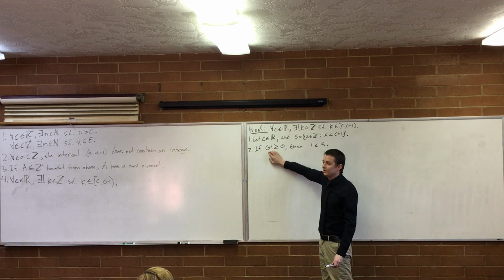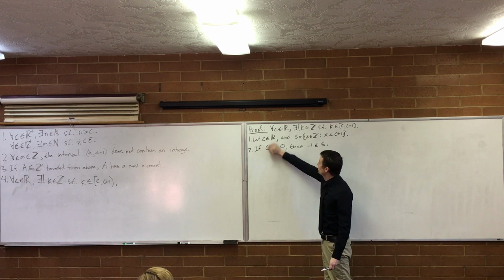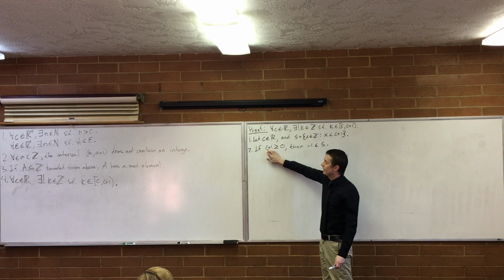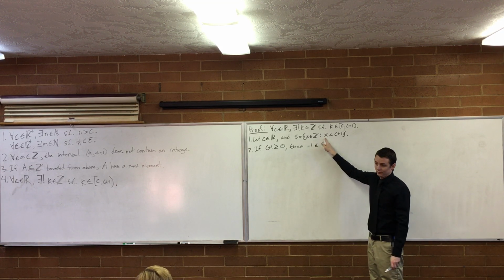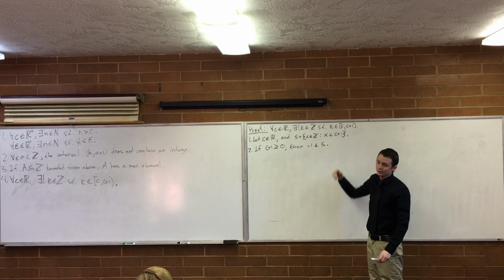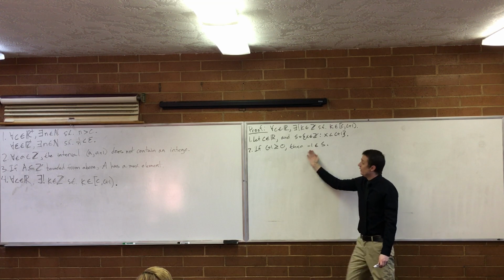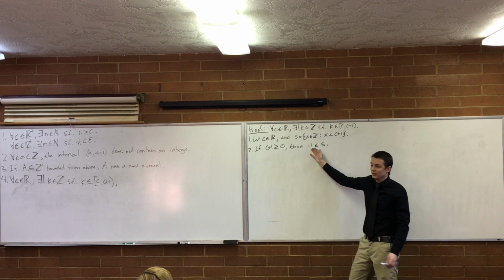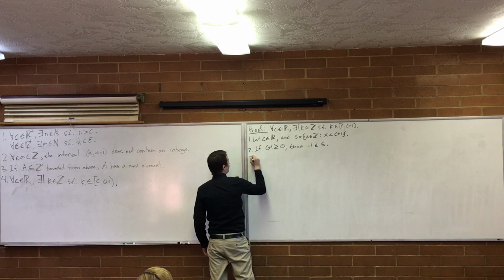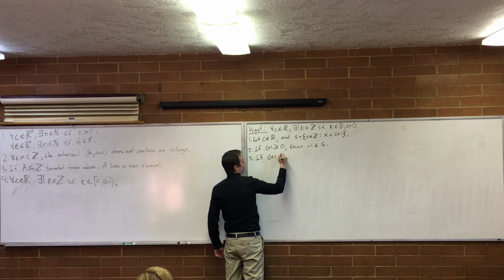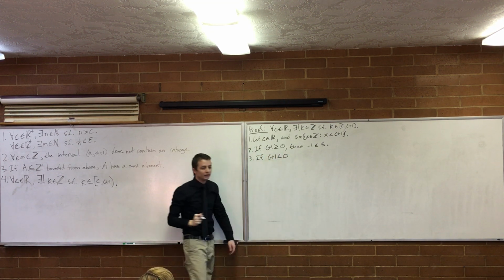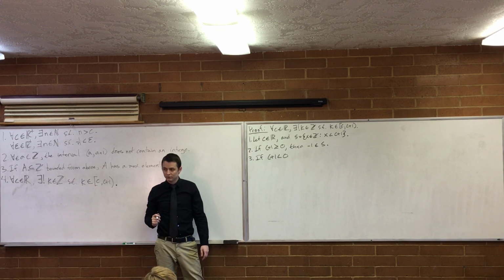If you chose C so that C plus 1 is greater than or equal to 0, I'm guaranteed negative 1 is in S. I could have said negative 10 is in S. I'm just saying, if this is the case, I know that there's something in there. And then if C plus 1 is less than 0, then I need to show that there's still something in there.